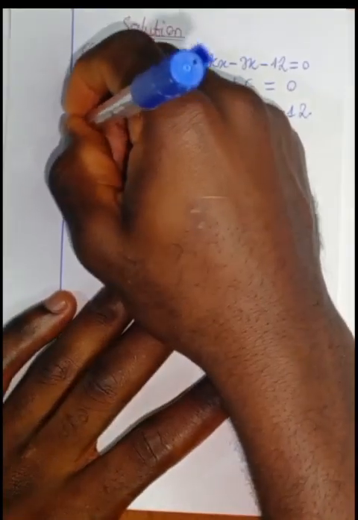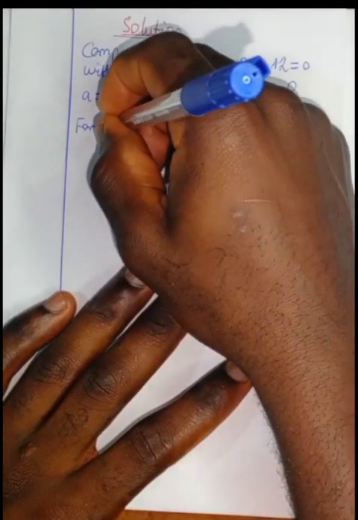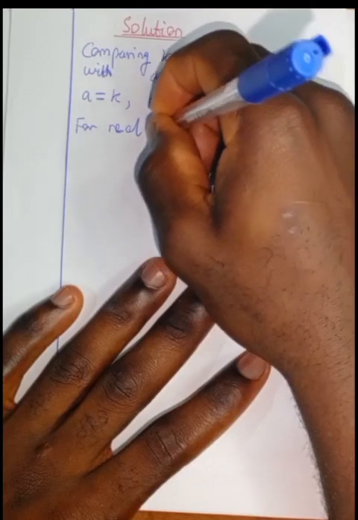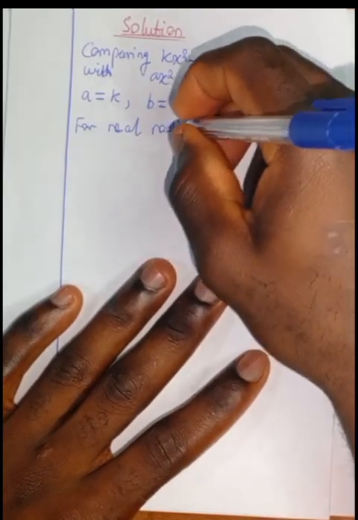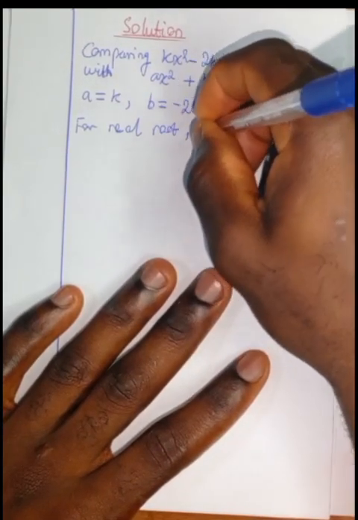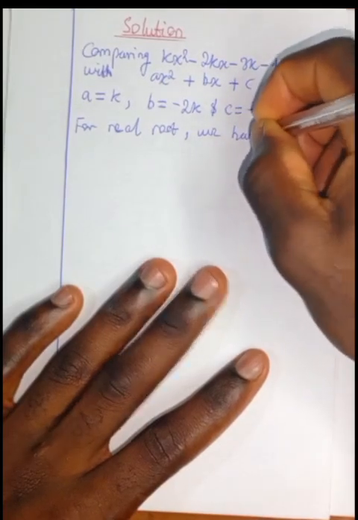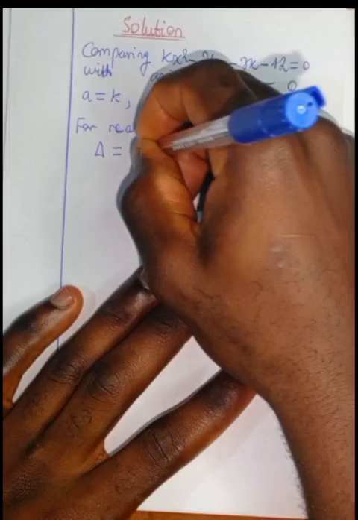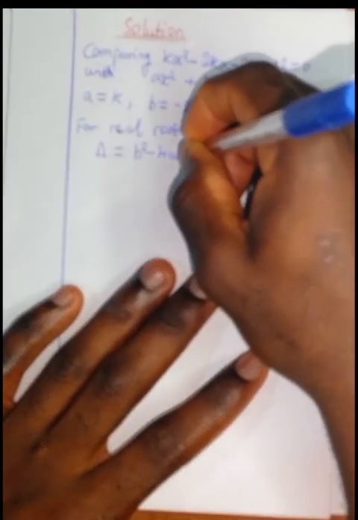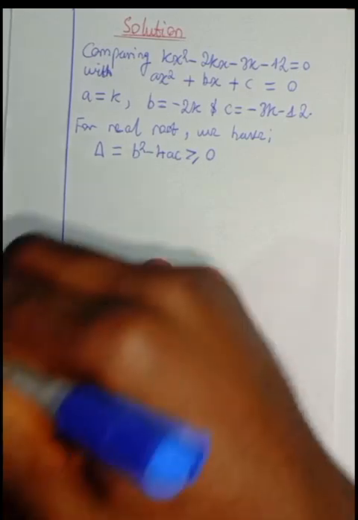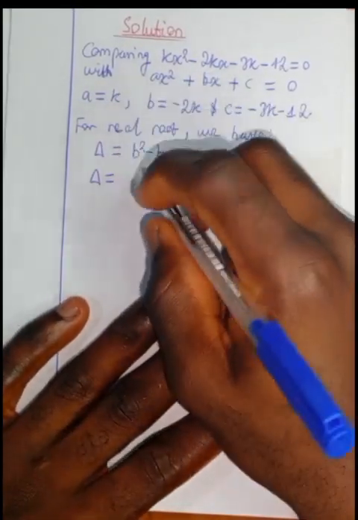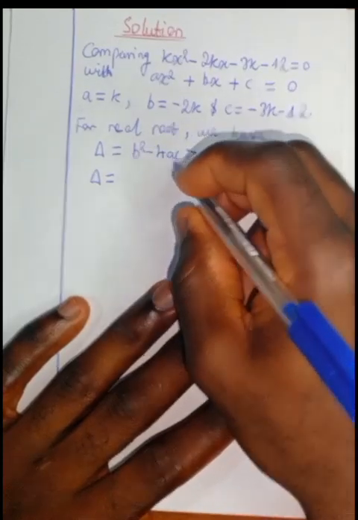We know that for real roots, we have the discriminant b squared minus 4ac to be greater than or equal to 0. If you look for the discriminant, we are going to insert the values of b, a, c.